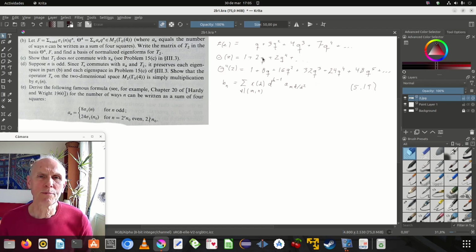So we use the binomial formula first for these two. That gives 8q and q squared. That's 4q squared, and then 4 times 4 over 2, which is 6. Oh my God, so that should be 24.